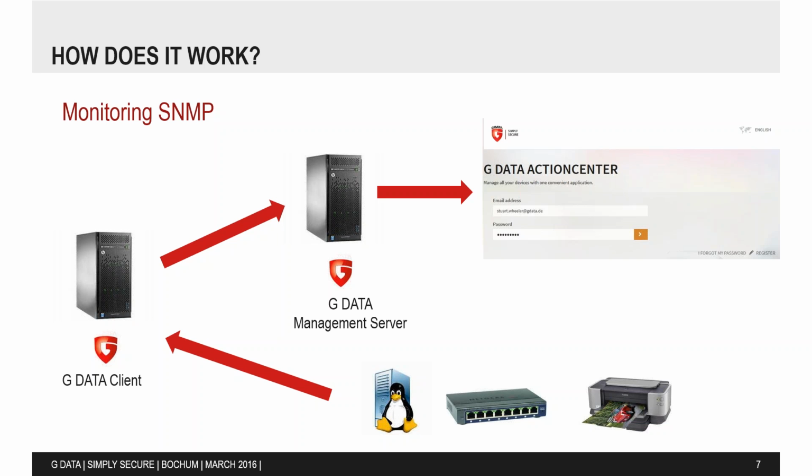So SNMP will be collecting information from your Linux servers, routers, switches, printers, all this sort of thing. Just to reiterate, if you want to collect SNMP data, just one GData client would be sufficient on a machine to collect all of this data. If you want to collect local processes, then you must install a GData client on that machine that you want to collect the processes from.